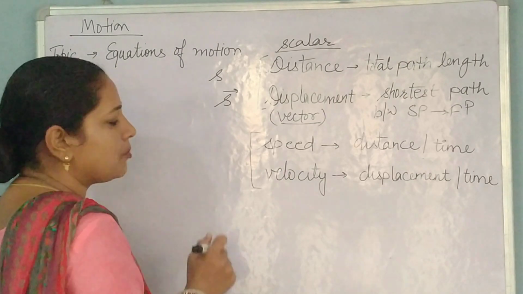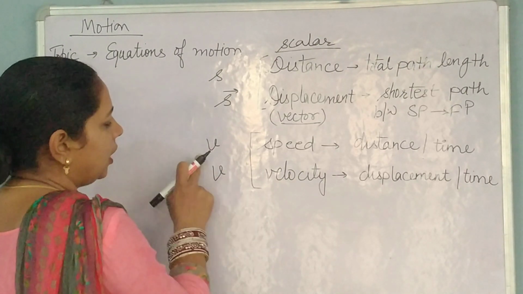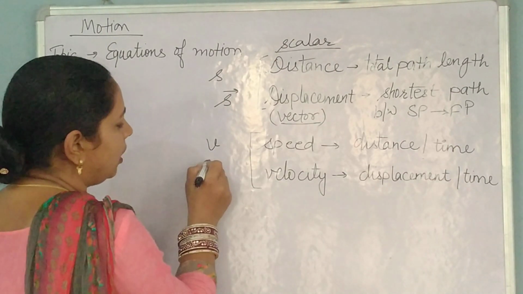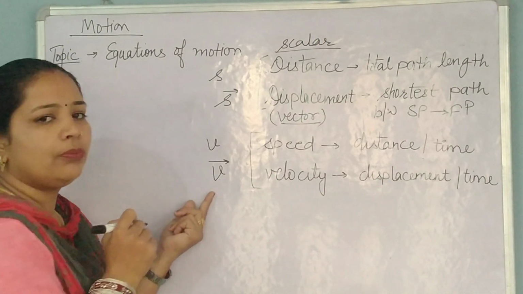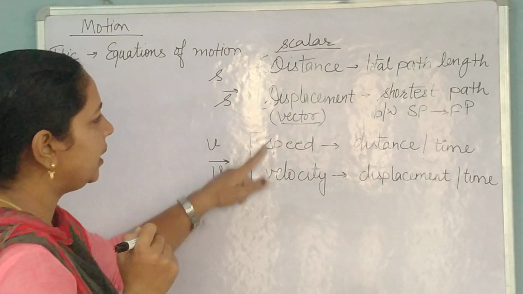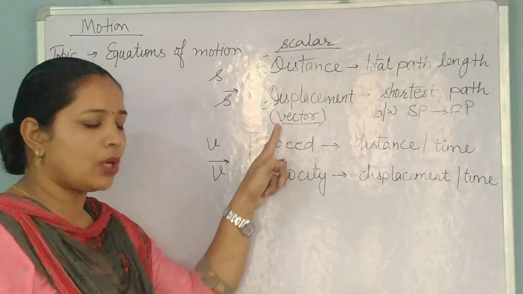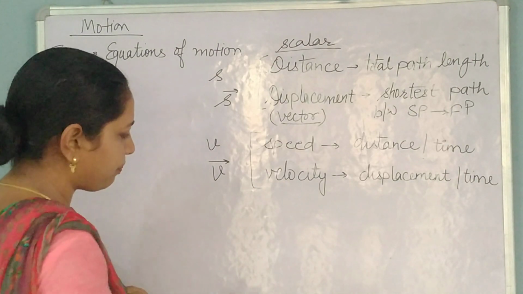Again, both these terms are represented by the symbol v, but if we write simply v, that means speed, and if we write v with a vector arrow, that means it is velocity. Speed is a scalar quantity and velocity is a vector quantity. It has magnitude and direction both.